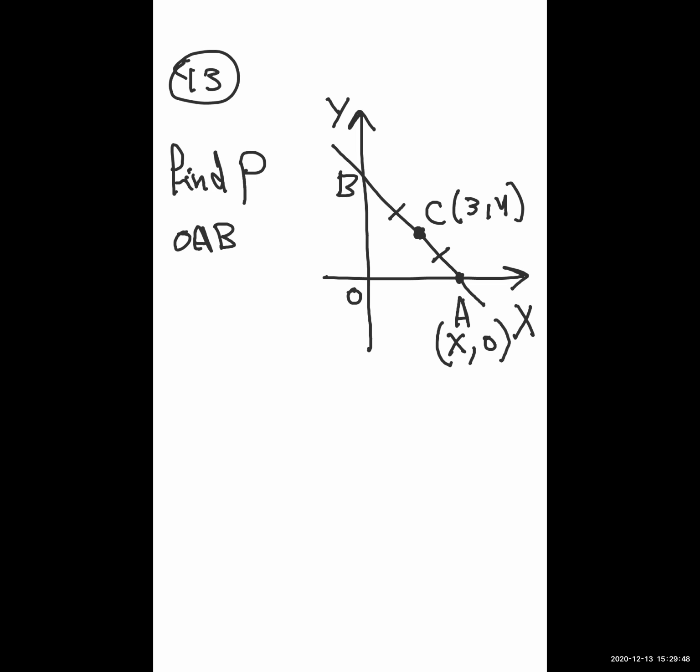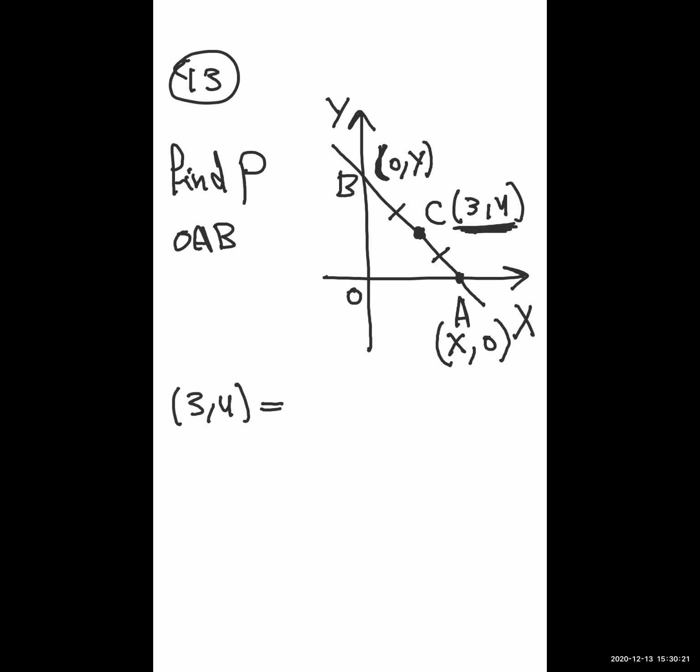And also the point B, I will assume that it's (x, y). But in this case, it lies on the y-axis, so do we have a coordinate on x? (0, y). So now, guys, this point C, which is (3, 4), is the midpoint between (x, 0) and (0, y), which are A and B.